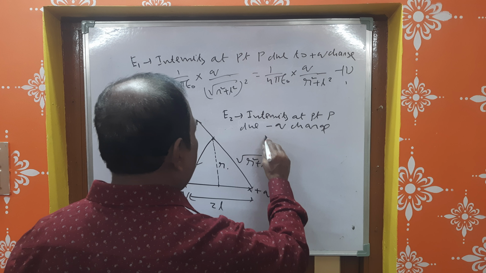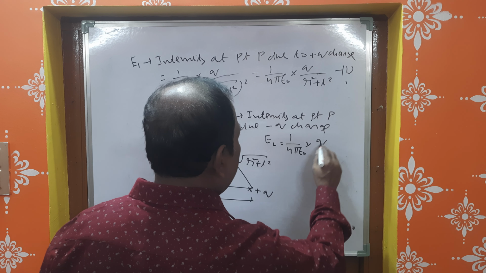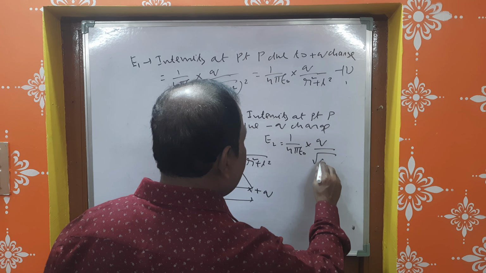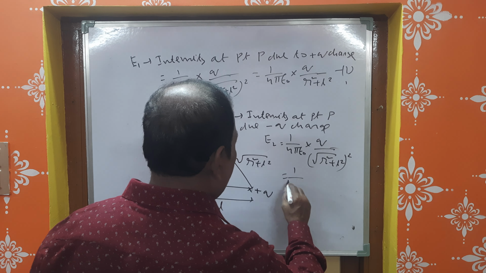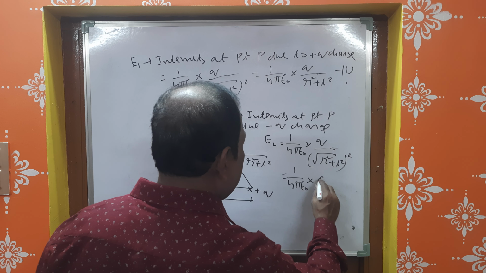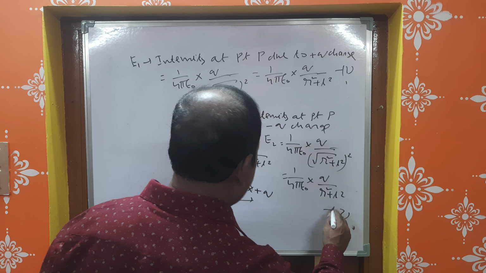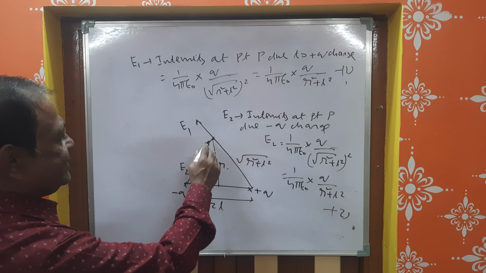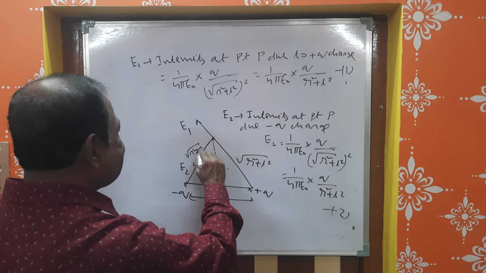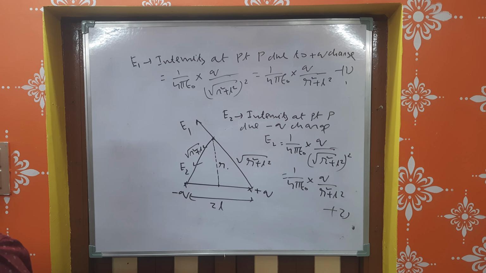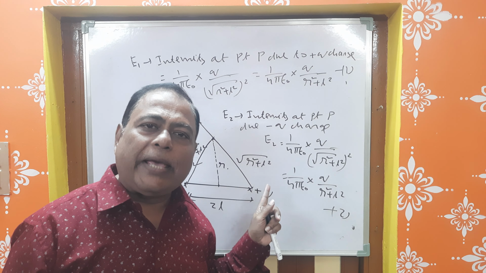E2 is equal to 1 by 4 pi epsilon naught into Q by root over R square plus L square whole square, that is 1 by 4 pi epsilon naught Q by R square plus L square. That is equation number 2, because this distance is R, this is L, so that distance is root over R square plus L square. So E1 magnitude and E2 magnitude are the same.